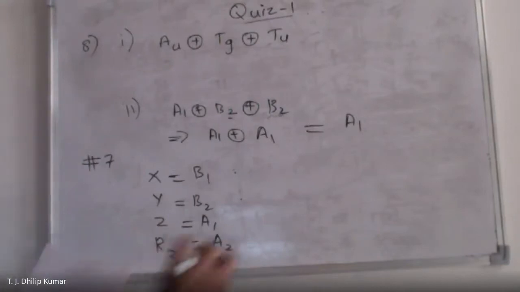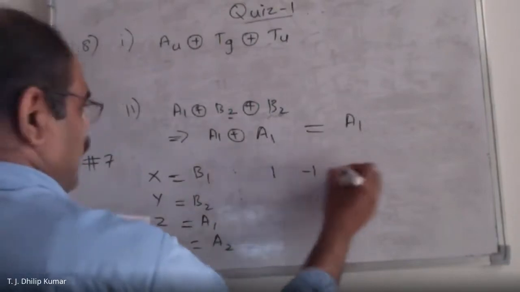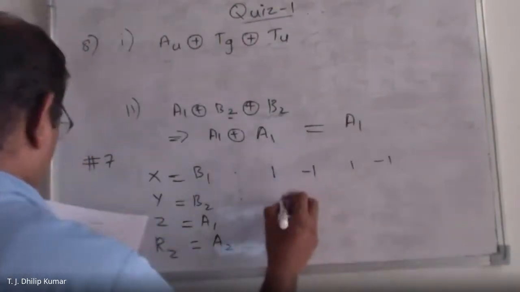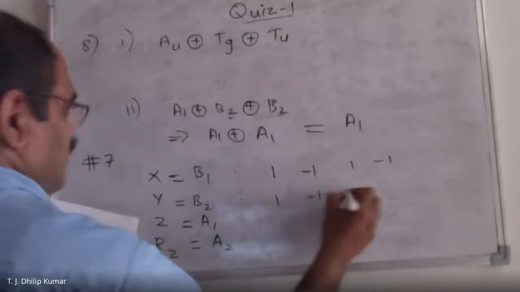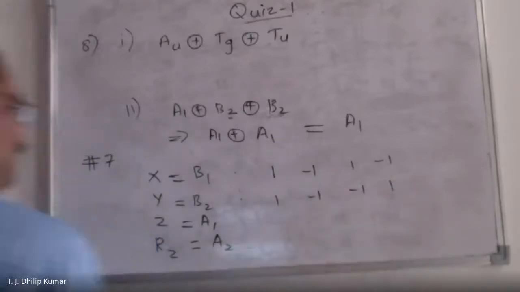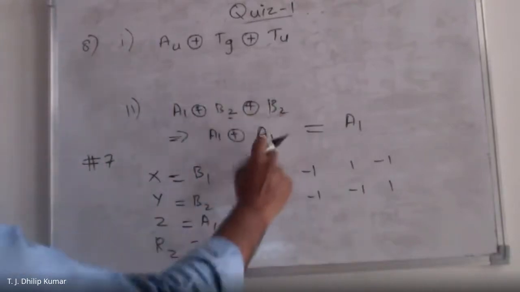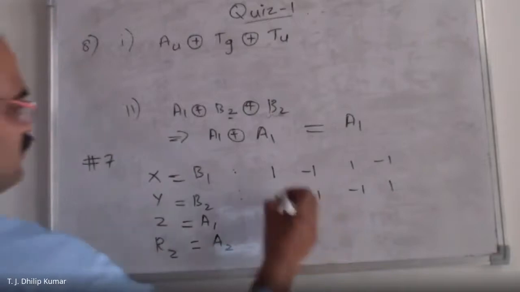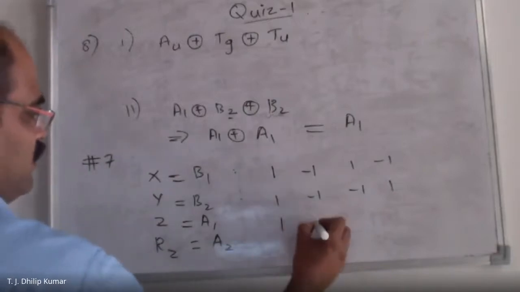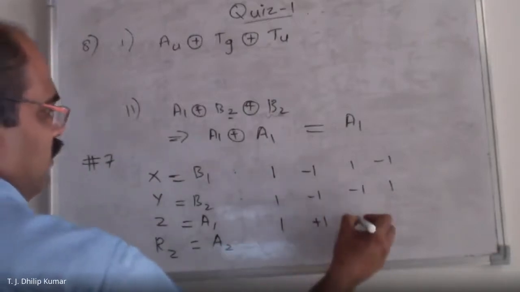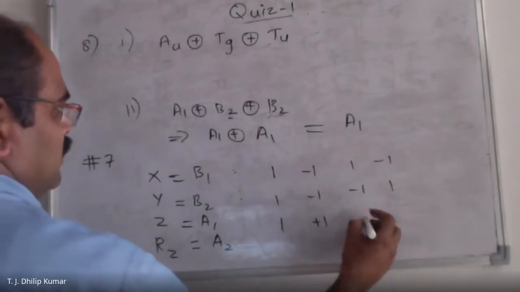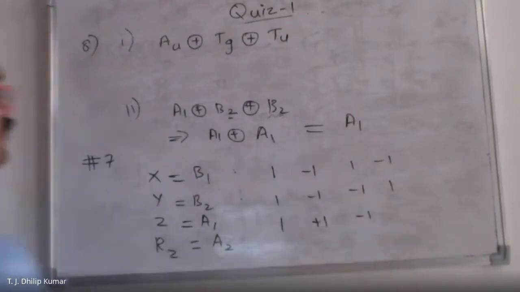B1 is 1, minus 1, 1, minus 1. B2 is 1, minus 1, minus 1, 1. So you take the product... no, B2 into B2, right?